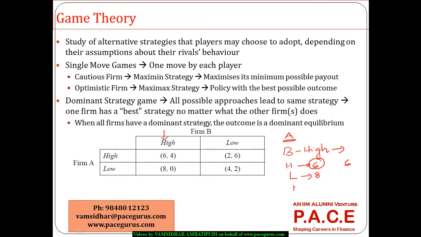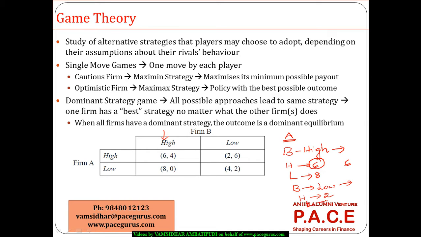And if I am talking about B, let's say B sets a low. If B is setting a low, I'm looking at what is the minimum payoff. If A sets a high, the payoff for A is 2.